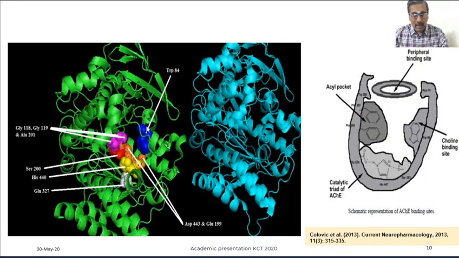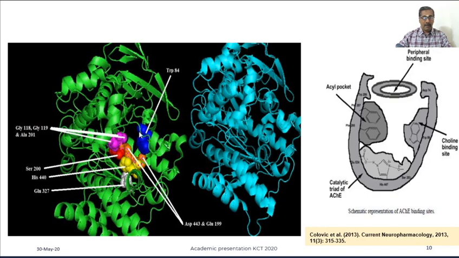Here I have projected the three-dimensional structure of acetylcholinesterase for easy understanding. You can see the red color, yellow color, and gray or white color. These three spheres indicate the catalytic triad: serine 200, histidine 440, and glutamate 327.